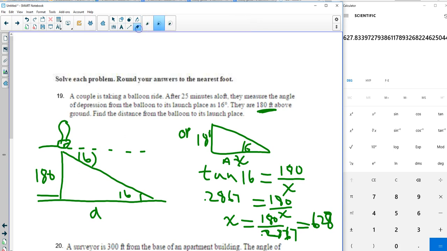Let me erase that to make it a little easier to see. Rounding issues is something that you got to be able to do.